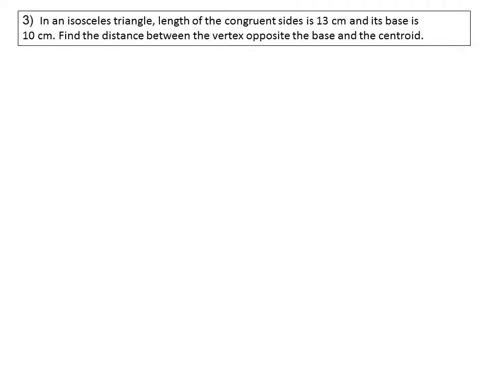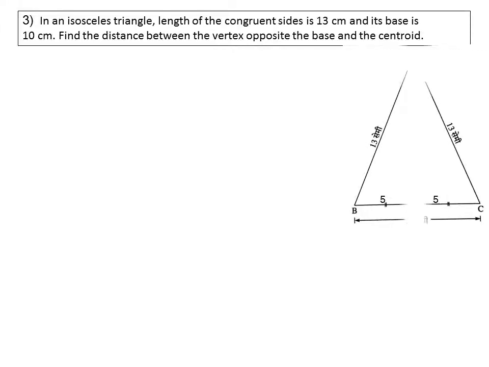Now let us take another example. Example number 3. In an isosceles triangle, length of the congruent sides is 13 cm and its base is 10 cm. Find the distance between the vertex opposite the base and the centroid. Now observe the figure.